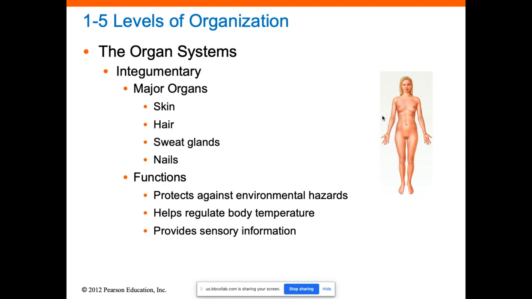They're going to protect us against the environmental hazards. Your skin is your first line of defense. That's what it's referred to as, your first line of defense. Your skin protects you much like a cell membrane or plasma membrane protects a cell. If there is a lesion, or let's say past the first, past the second, maybe a 3rd degree burn, all of a sudden mucus and serous membranes are exposed.